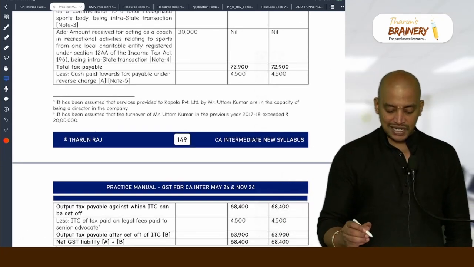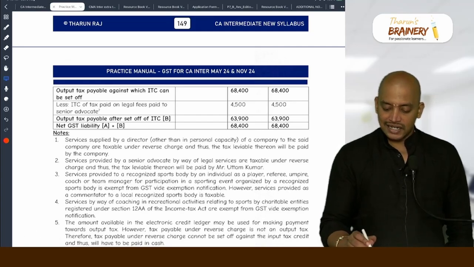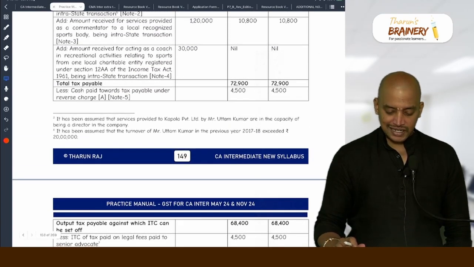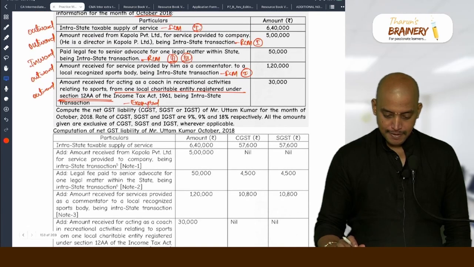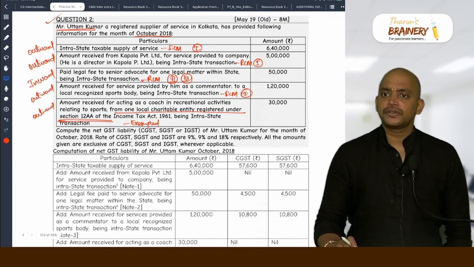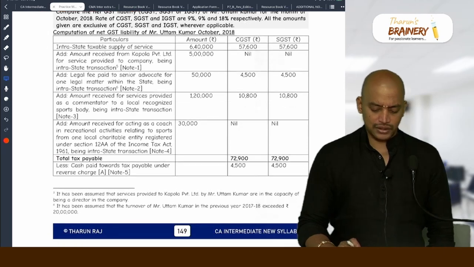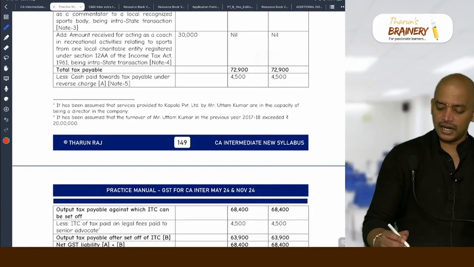Total tax payable under FCM minus ITC, so 4,500. Why should it not be added? Senior advocate services to business entities are covered under RCM, no? This is correct only. See, the answer is correct. Wait, only a slight correction is required.